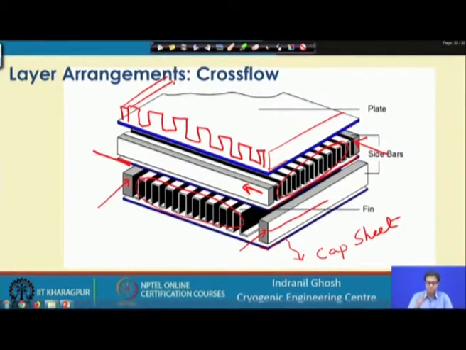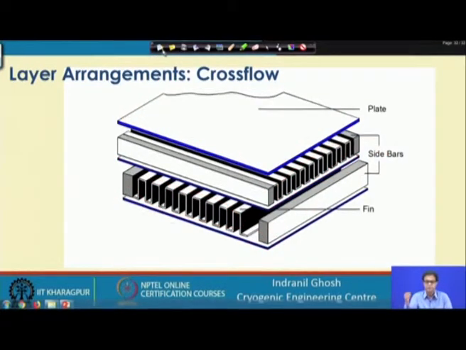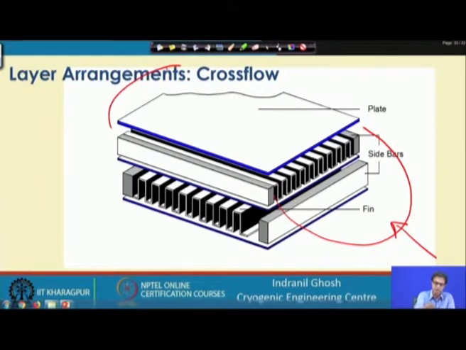So, this is how it is done in a cross flow exchanger. This is the layer arrangement, and this is relatively simpler because we have only 4 directions to designate. Say for fluid 1, this is the fluid 1 in and fluid 1 out.